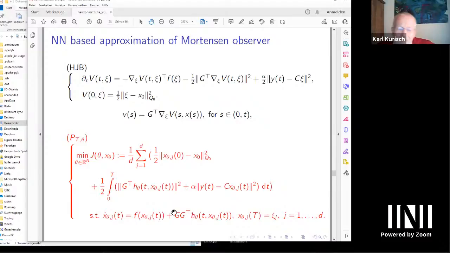And so now we approximate these functions H again by neural networks. This is jointly with Tobias Breiten.